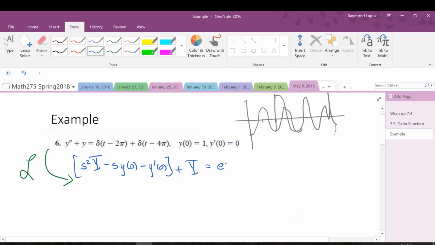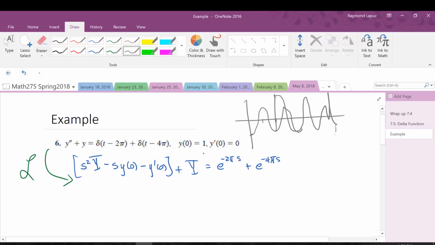So this is going to be e to the negative 2 pi s plus e to the negative 4 pi s. We have these exponential functions in the Laplace world. When we bring it back, we'll see that shift happen in the real world. So that part of the idea seems to be making some sense, I think.